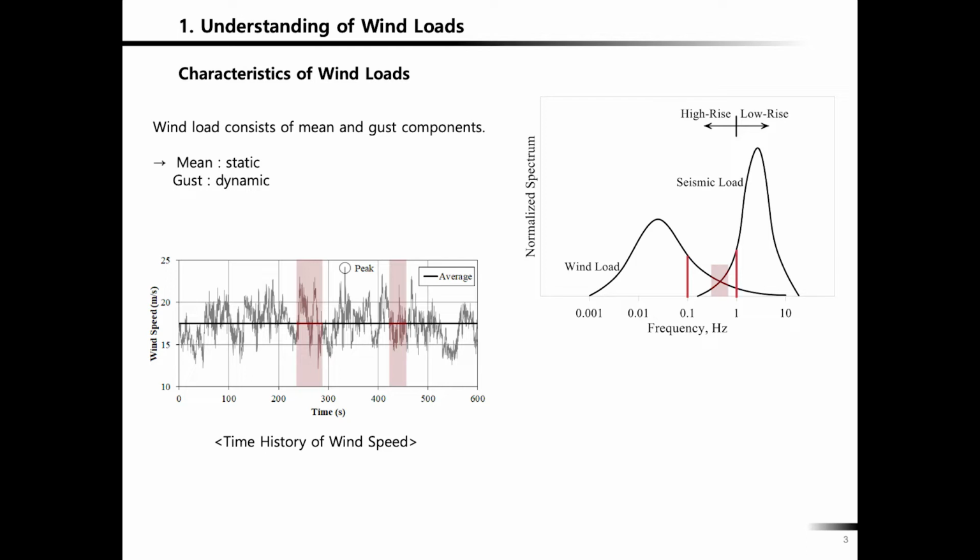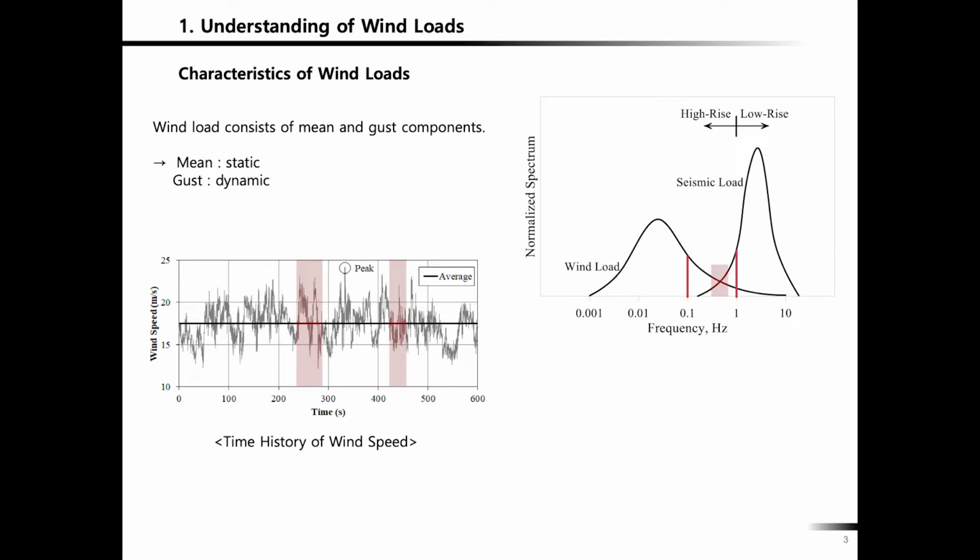So it affects a lot. And that's only the wind speed spectrum. And the dynamic amplification at that frequency, 0.1 hertz or similar, is going to be much higher. So a high-rise building is vulnerable to wind load rather than seismic load.